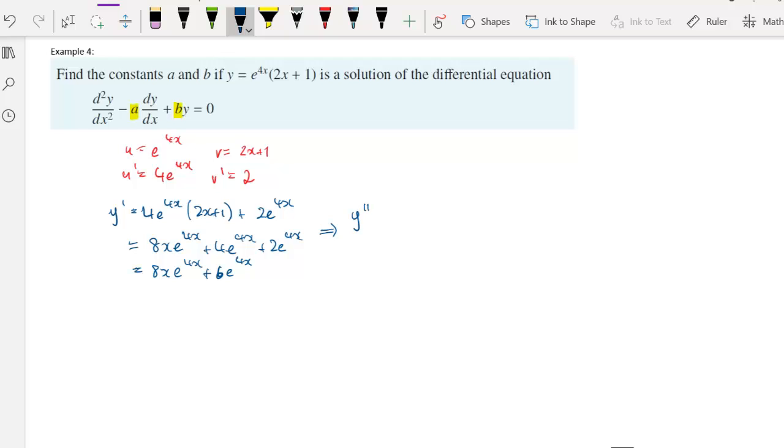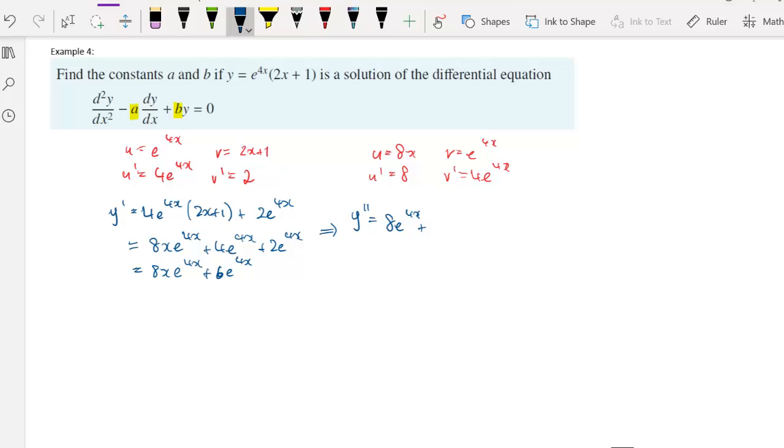So looking at y dash dash. Now this 8x e to the 4x will be a product as well. So we've got u is equal to 8x, v is equal to e to the 4x. Derivative is 8 and 4e to the 4x. So our second derivative will be 8e to the 4x plus 8x.